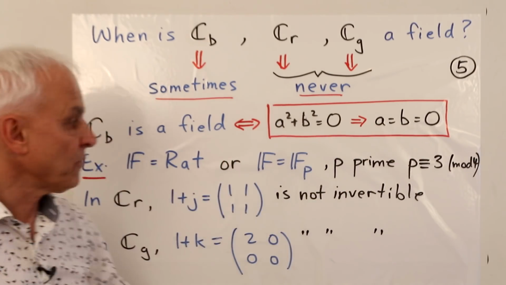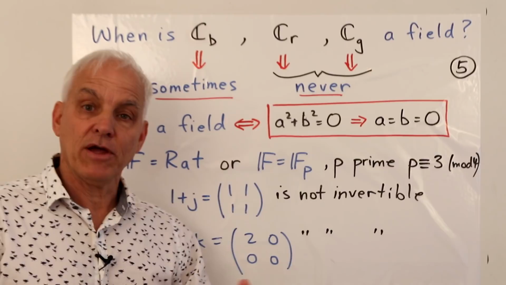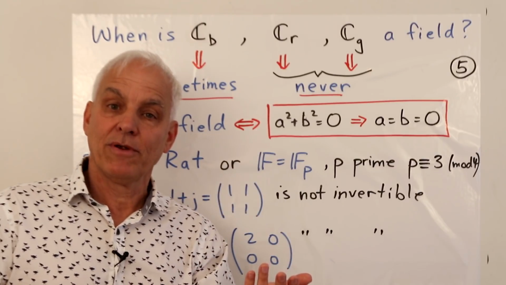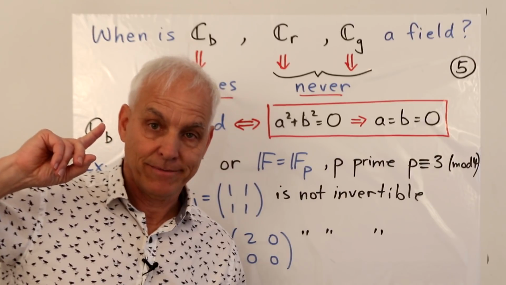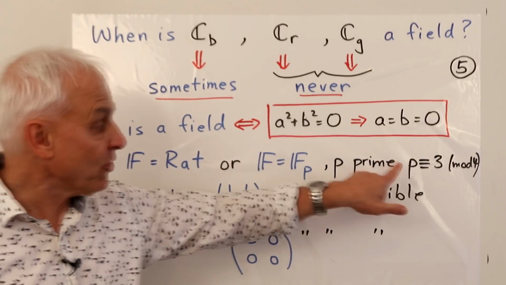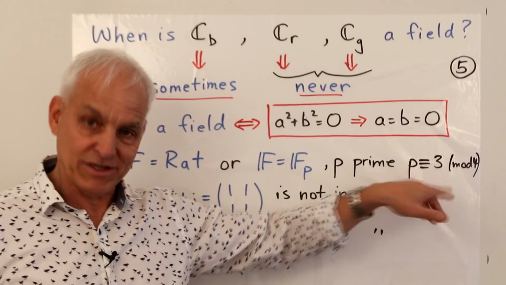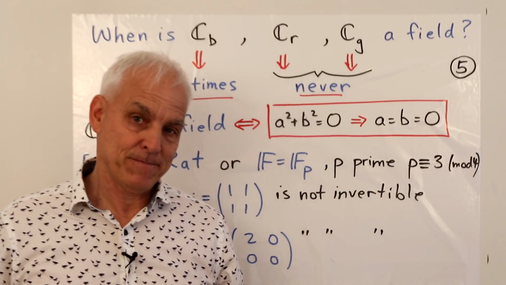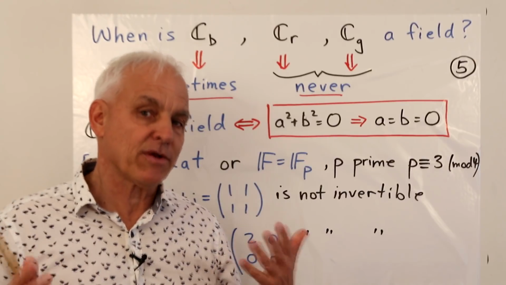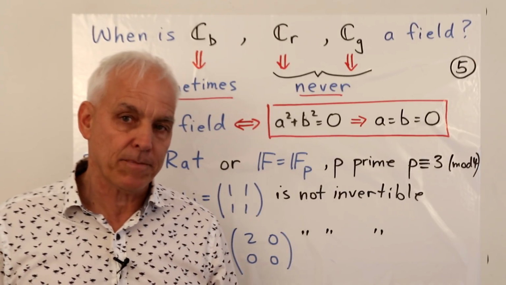That means that over these kinds of fields, the blue complex numbers are themselves going to form a field. However, if P is congruent to 1 mod 4, which is the other possibility, then you're not going to get a field. So number theoretical considerations come into play here.